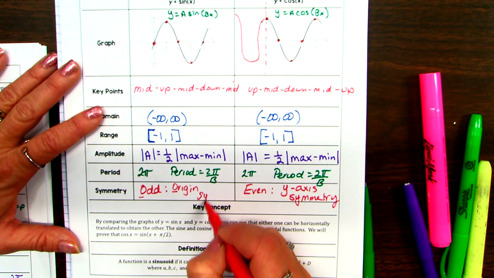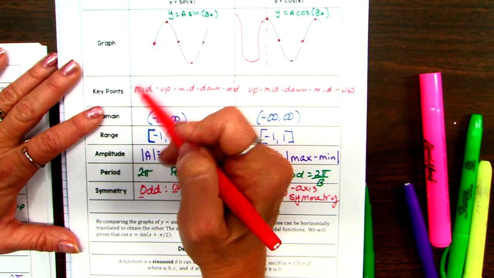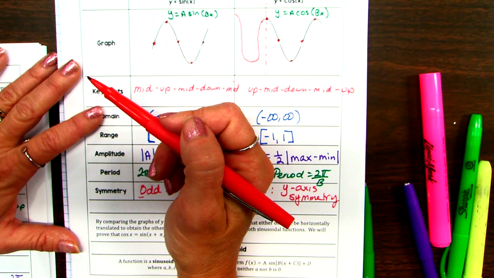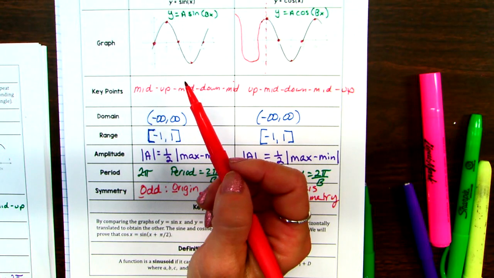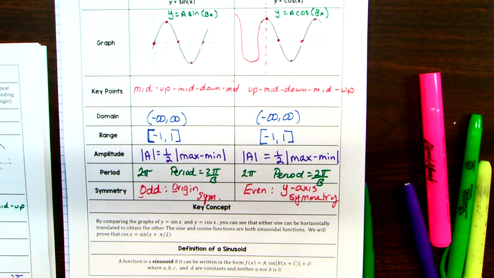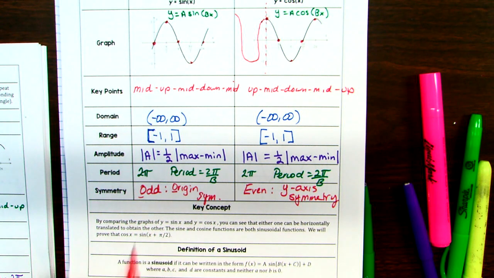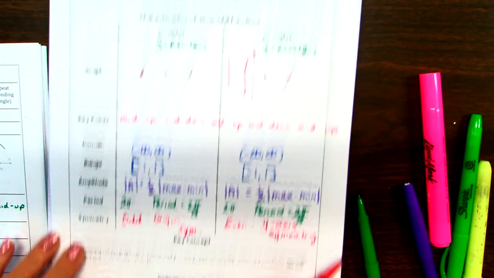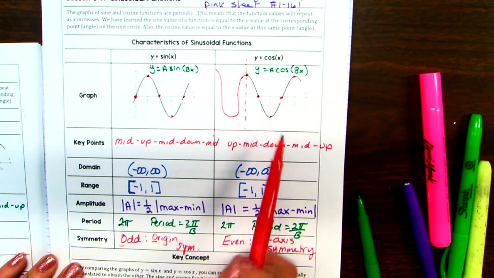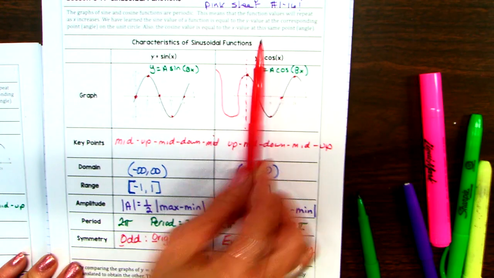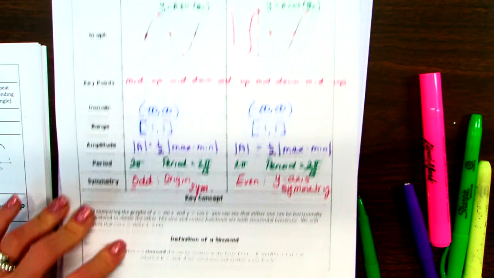Origin symmetry, meaning opposite quadrants are the same. And in a minute, we're going to graph into 2 quadrants, so I'll try to remember to go over that again, okay? But that's the symmetry. So I always think cosine's the easiest one to see. So even is cosine, and odd is sine, the other one.